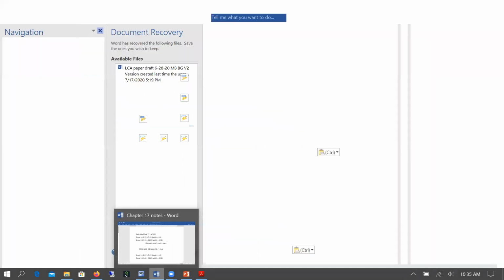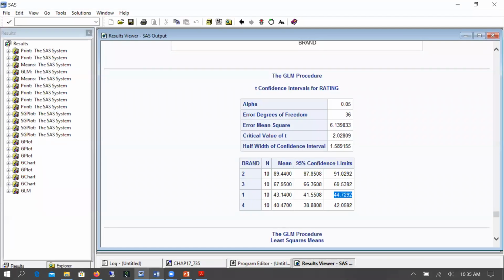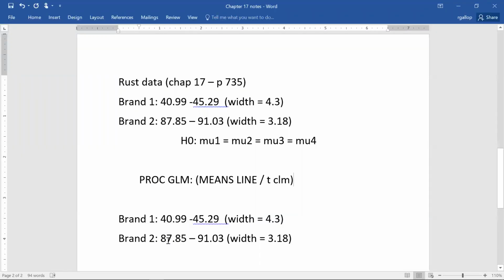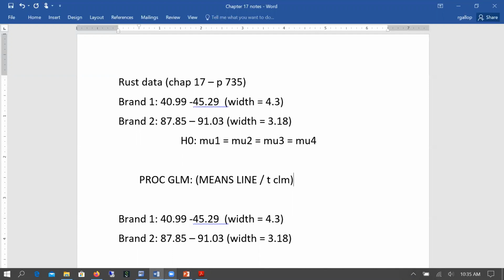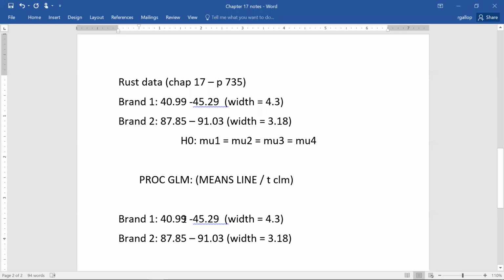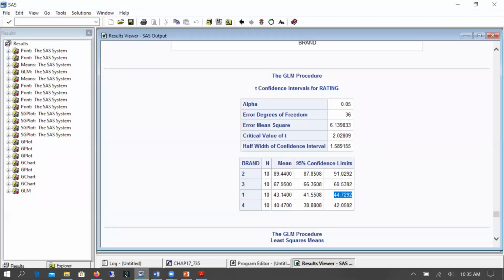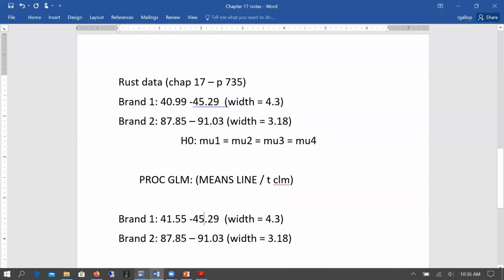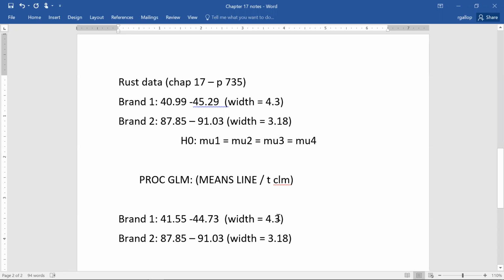Now check this out. If we go back to the SAS output, we got 87.85, 91.03. Go to brand 1: we got 41.55 and 44.73.